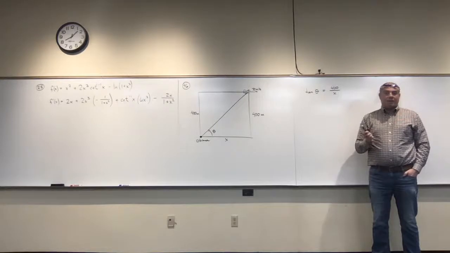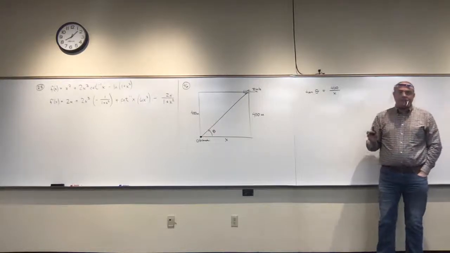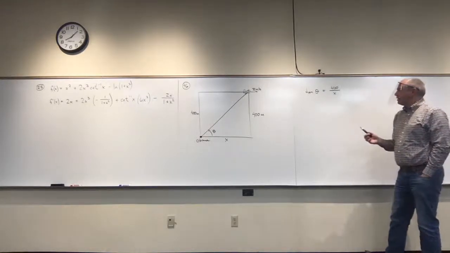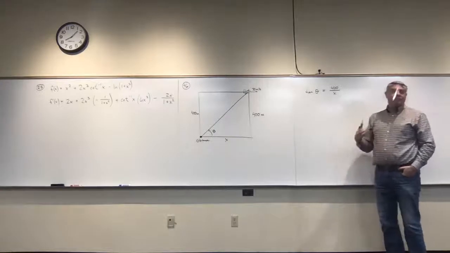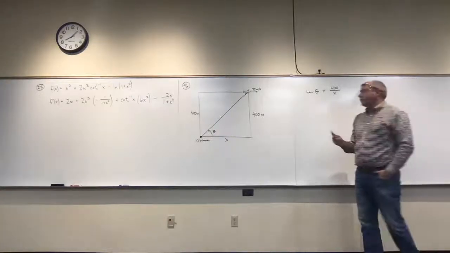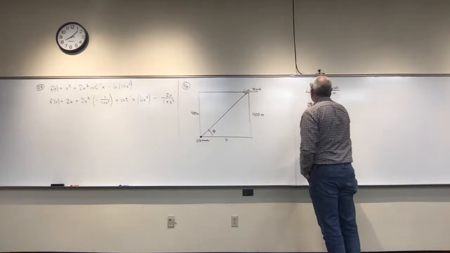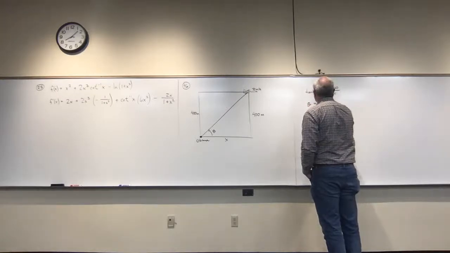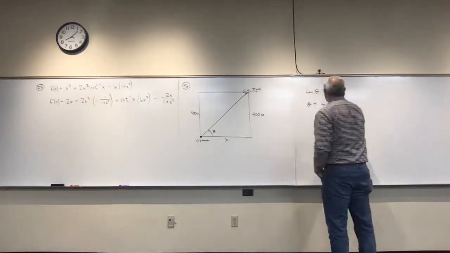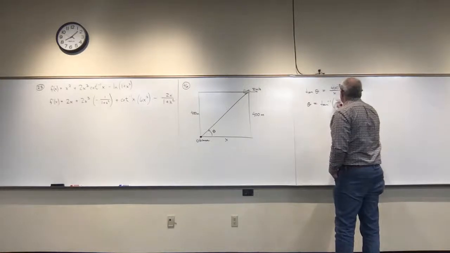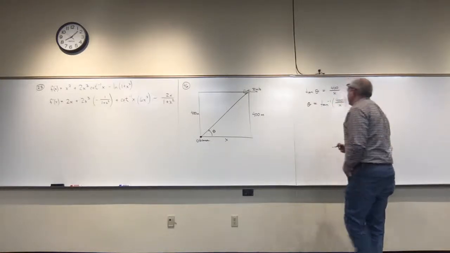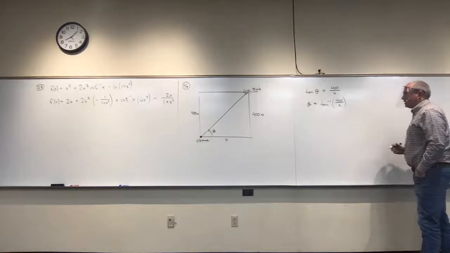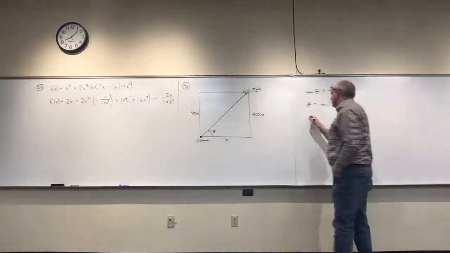Either way is fine. I can get the d theta dt either way. We're trying to do inverse trig functions here, right? So maybe let's just solve for theta. So I'll get theta equals tan inverse of 400 over x. And now I can find d theta dt.